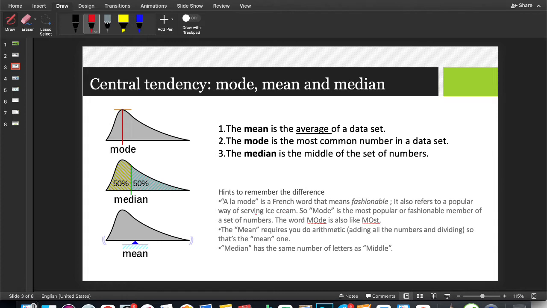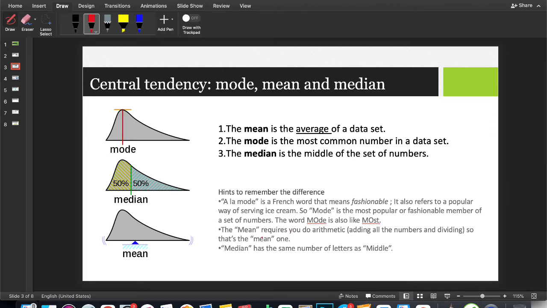For mode, à la mode is a French phrase that means fashionable. So it also refers to a popular way of serving ice cream. Therefore, mode is the most popular or fashionable member of a set of numbers. You may also use this hint: the word mode is also like most.